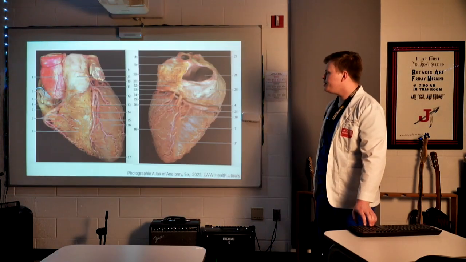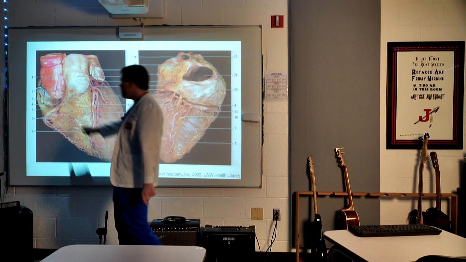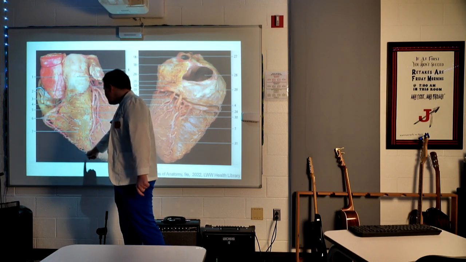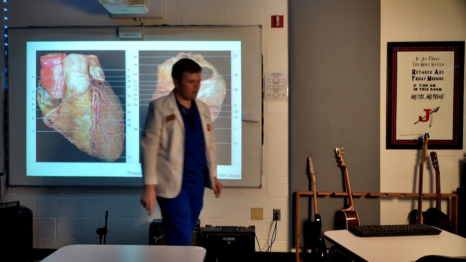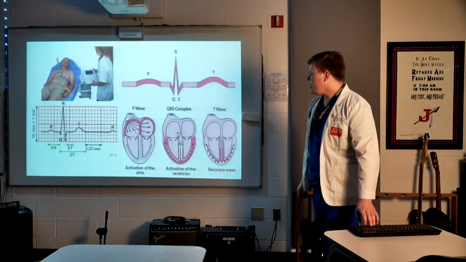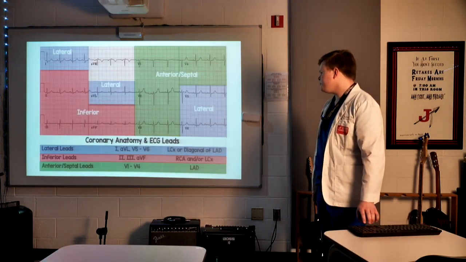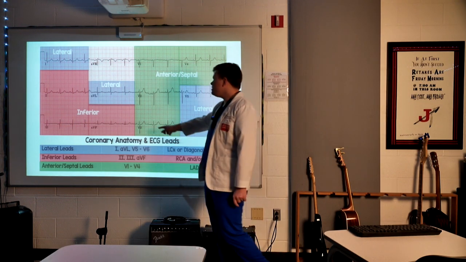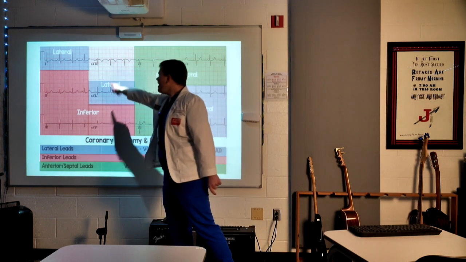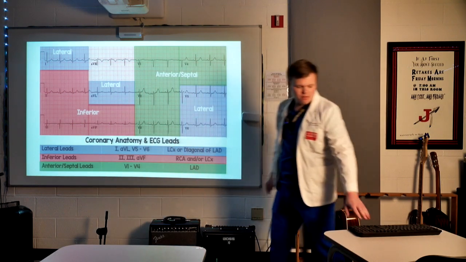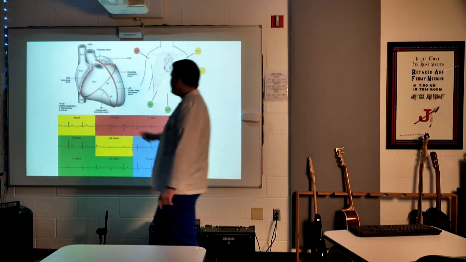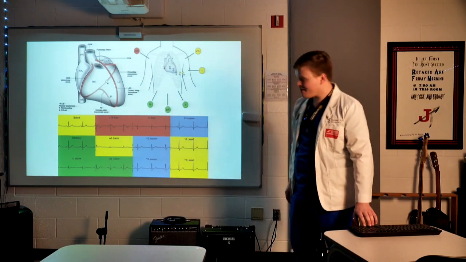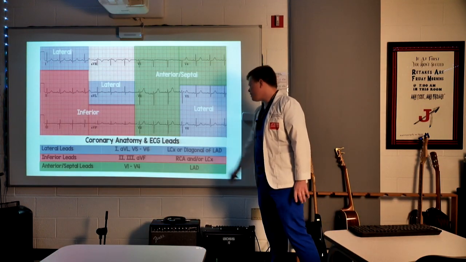If we go back to our picture at the beginning, remember that right coronary artery, how I said to remember this segmental artery coming down, goes to the inferior portion of the heart, the apex. And the left coronary artery corresponds to 1, AVL, and V5 and 6, because that would be the front of the heart. So we have that left coronary artery, our LAD, coming down. So that's what it's describing there.